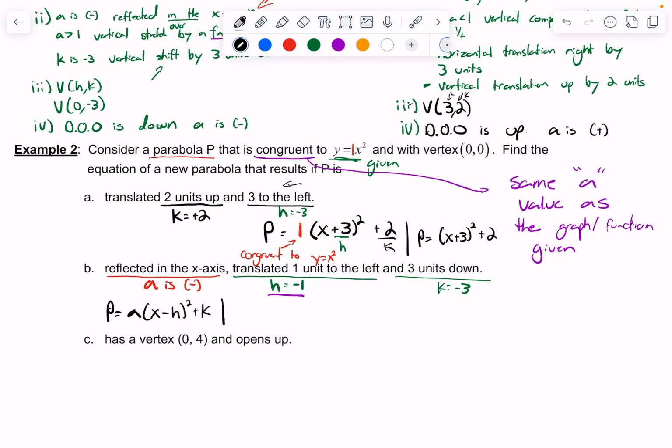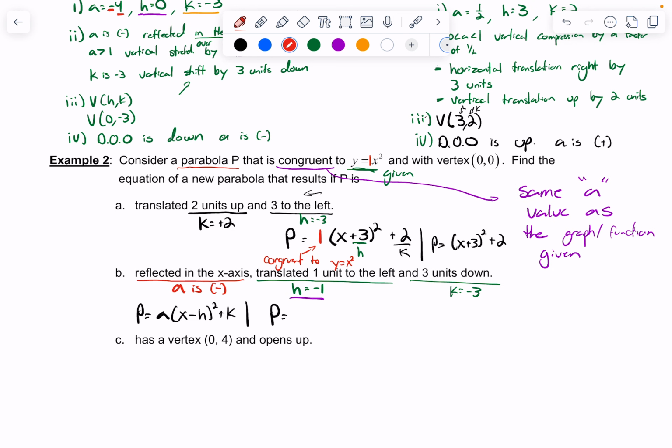Well, the parabola P is still congruent to y equals x squared. So the A is still having a value of 1, but in this case it's negative 1. So negative, you have your brackets, x minus H, and our H is negative 1, squared, minus the K, minus 3.